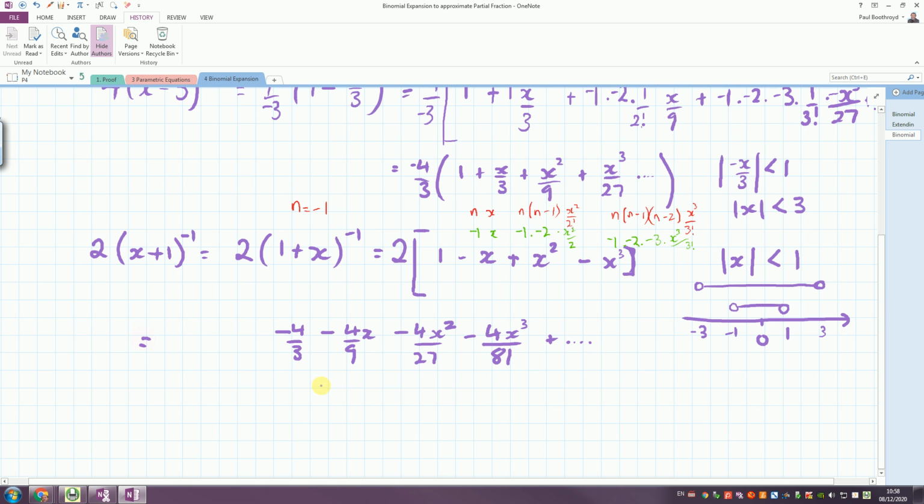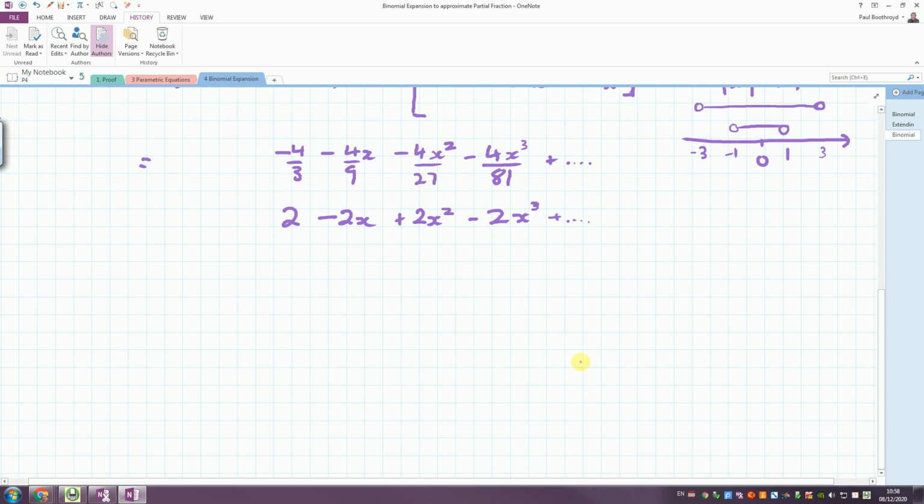Continues in the same way. And underneath it we've got 2 minus 2x plus 2x squared minus 2x cubed. All continues together, and we need to simplify these together for a final solution.